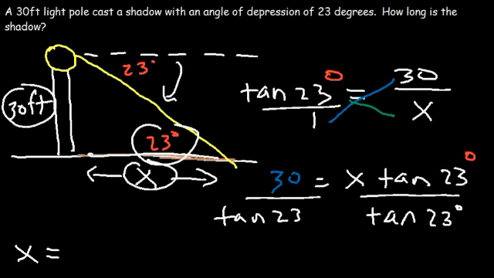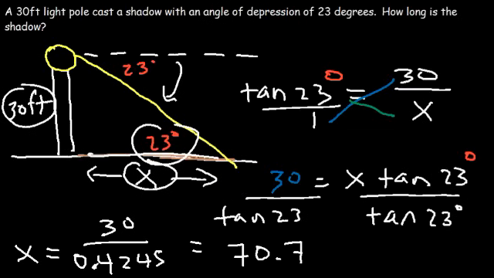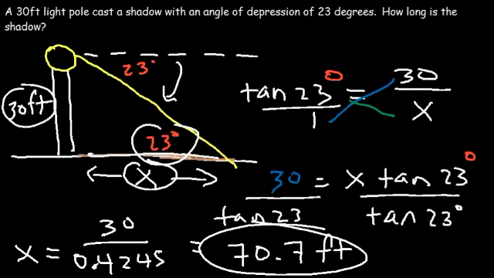So x is 30 divided by tan 23, and tangent 23 degrees is about 0.4245. 30 divided by 0.4245 is about 70.7 feet. So that's how long the shadow is, given the information presented in this problem.